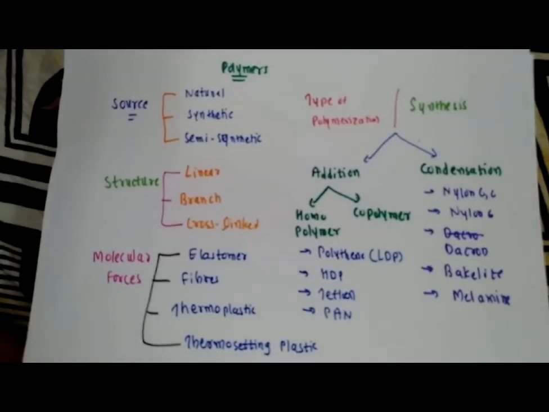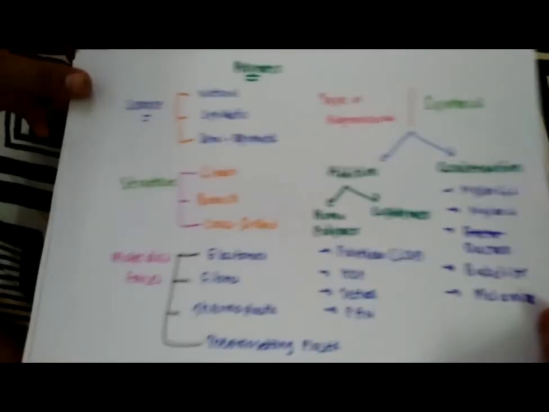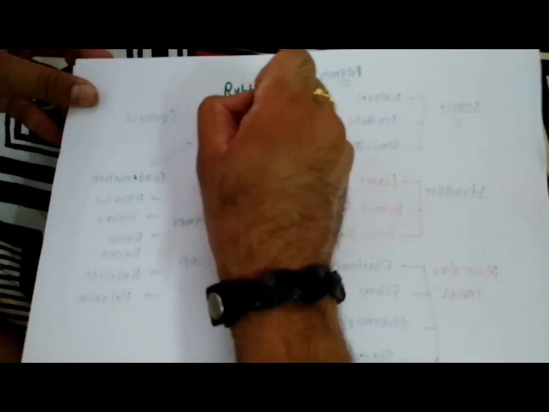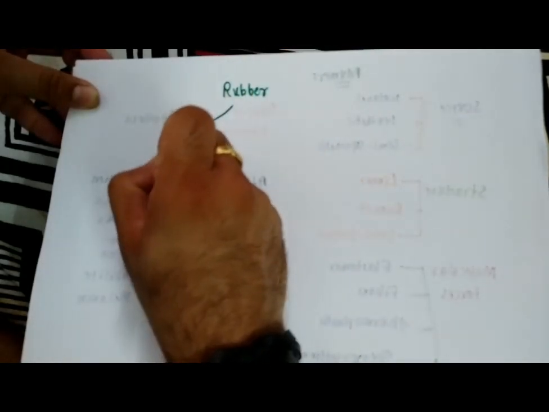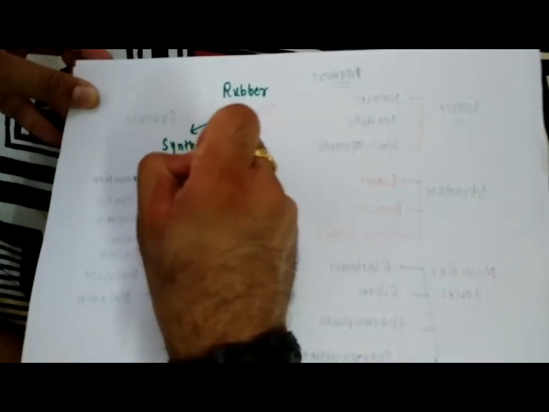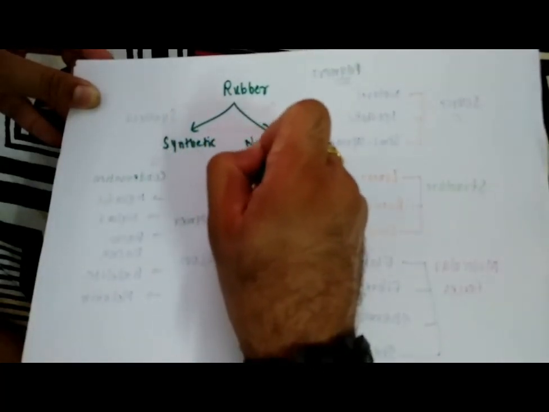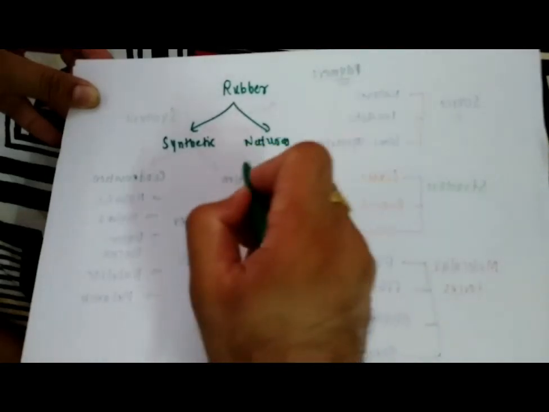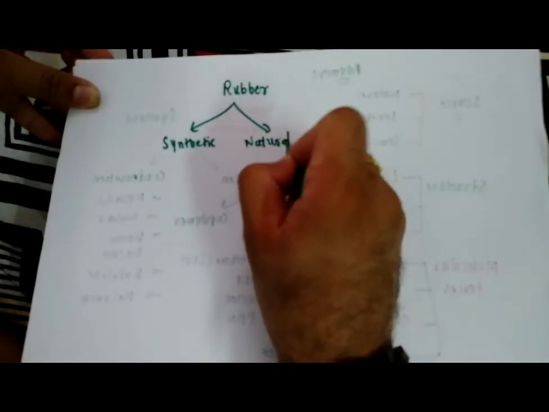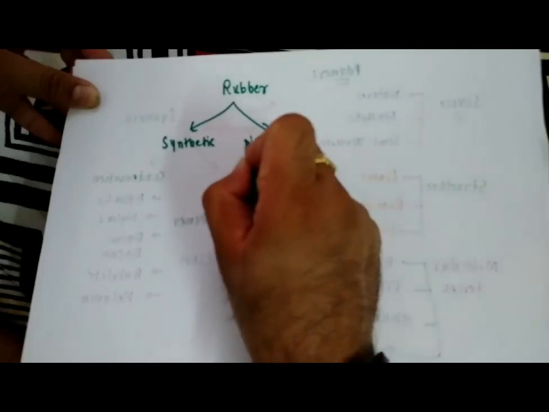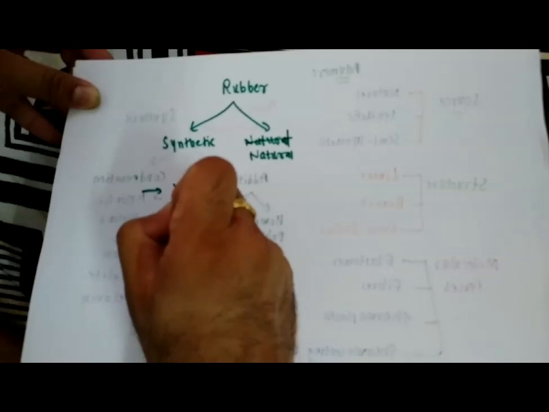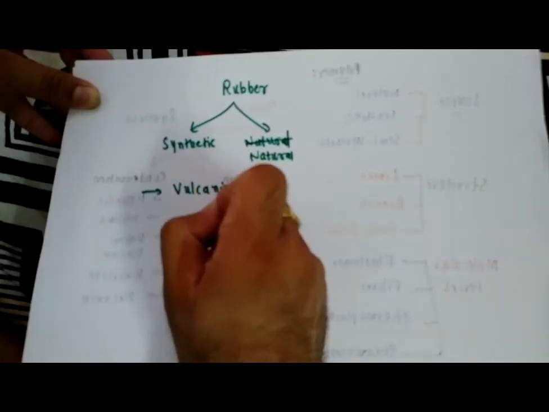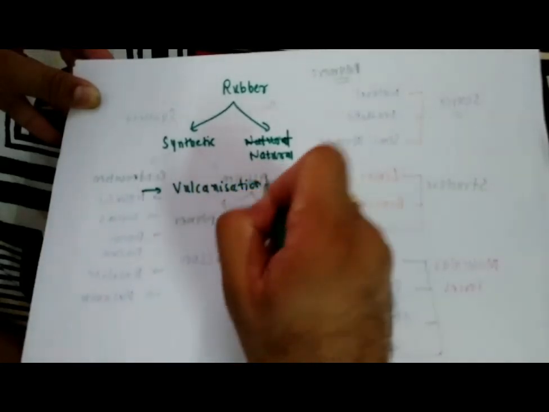Then we had discussed about rubber. In case of rubber, we had discussed about preparation of synthetic rubber, preparation of natural rubber, and we had discussed about vulcanization of rubber and importance of vulcanization.